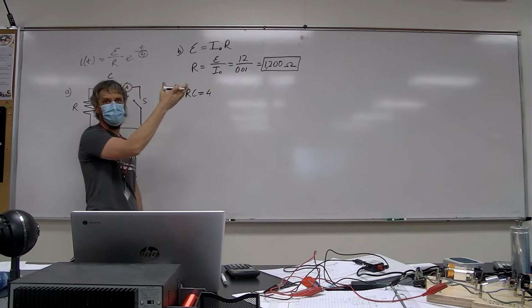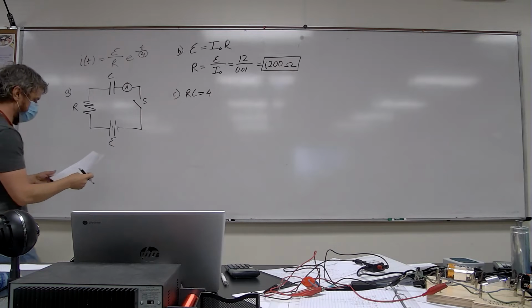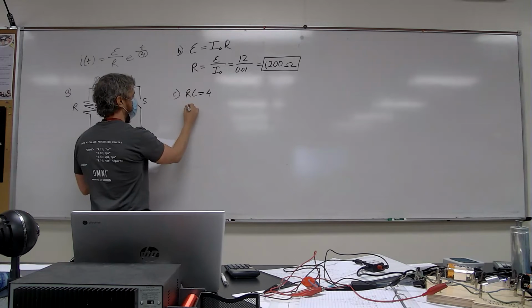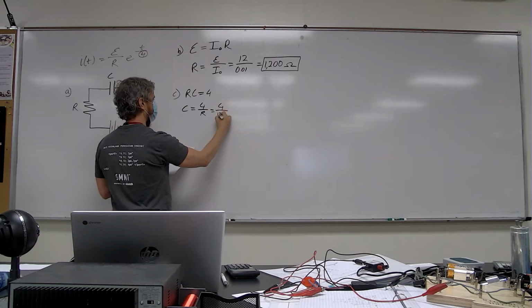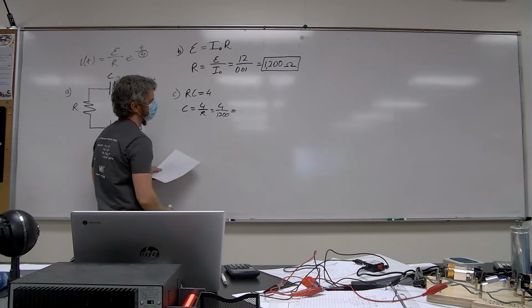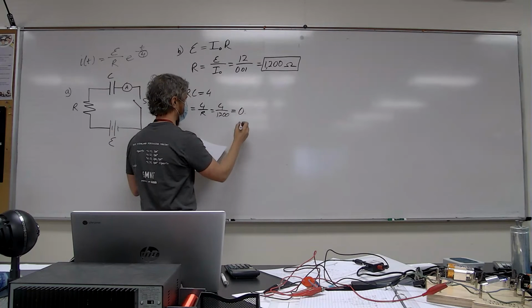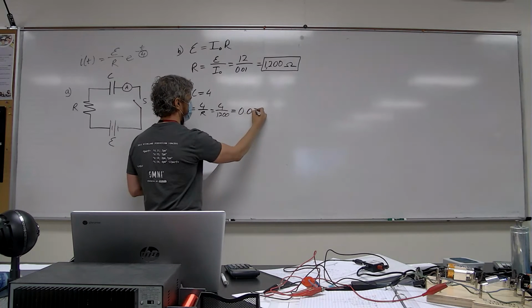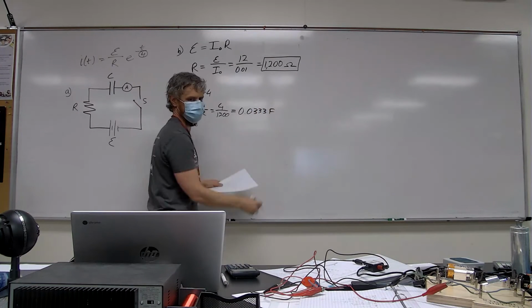The math on this problem is actually quite easy. It's just that you have to set it up properly. So RC equals 4, so C equals 4 over R, or 4 divided by 1200. So that's going to be 0.033 farads.